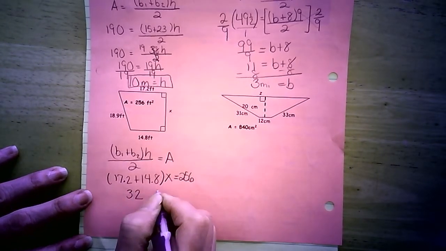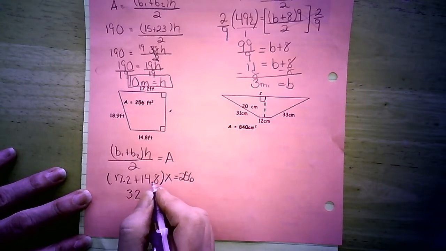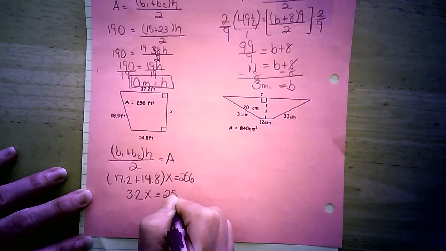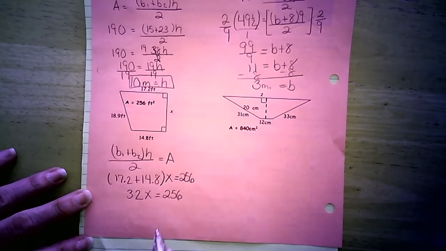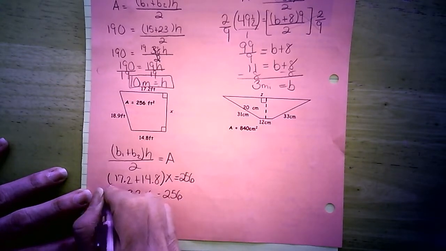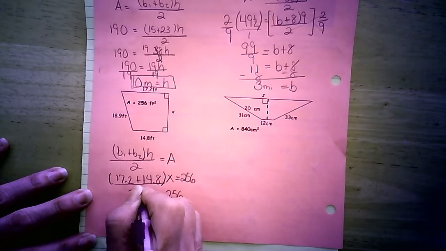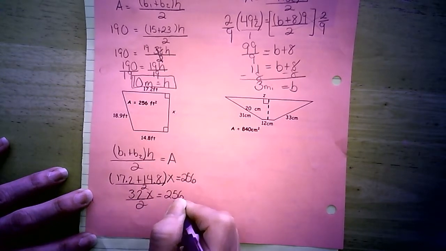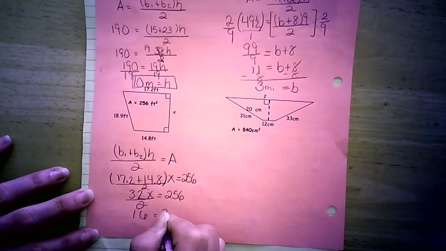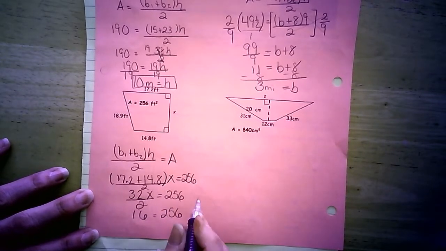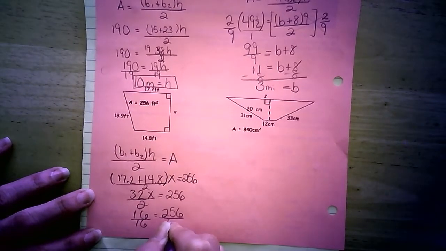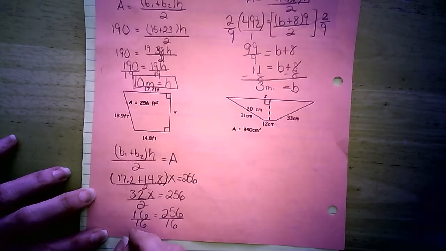That's nice. See, once again, you were getting stressed that it was going to be a little high maintenance, but it's not so bad. And this is 256. If I divide, oh, I forgot divided by 2. Oh my. We can put that in there. So half of 32 is 16 equals 256. If I divide both sides by 16, I end up with 16 feet.